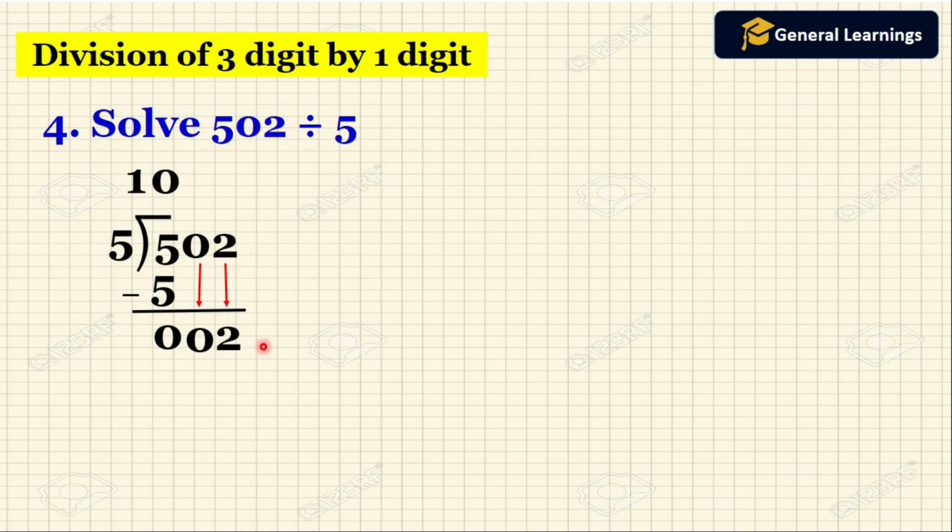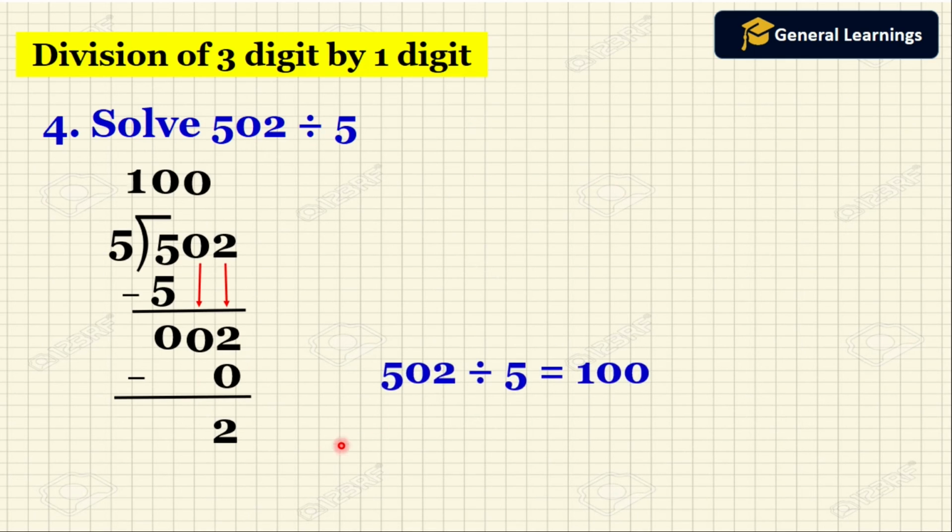So we write 0 in the quotient and write 0 below 2, as 5 into 0 is 0. Then draw a line, then subtract. When we subtract 2 minus 0, we get 2. So when we divide 502 by 5, we get the quotient as 100. So the quotient is 100 and the remainder is 2.